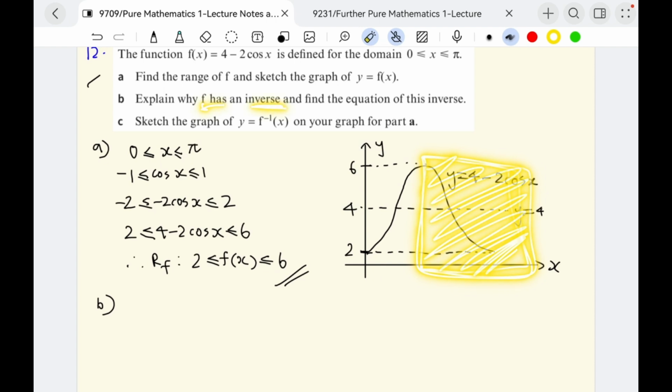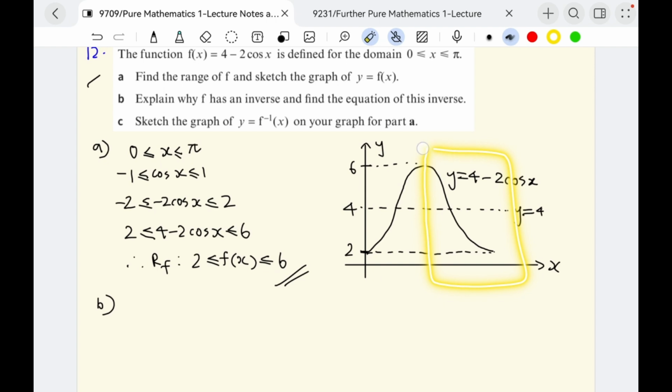To test that whether it has an inverse function, we must carry out the horizontal line test. So assume that the graph behind here is invisible right now, and using the horizontal line test, you can see that no matter how much the horizontal line moves up and moves down, it always intersects one point with the graph.